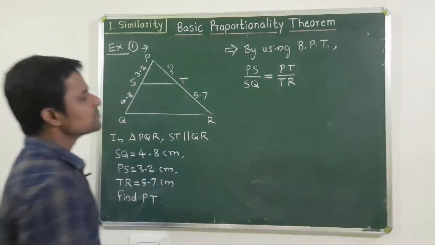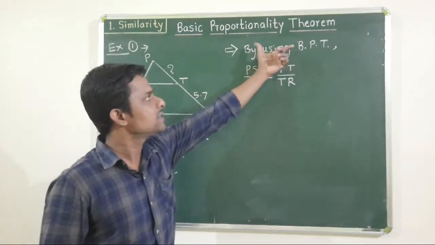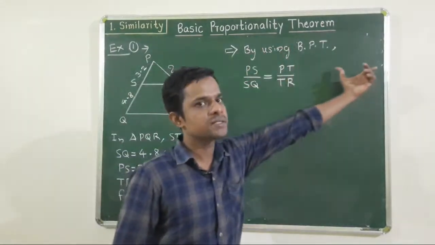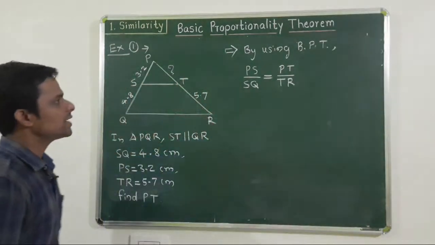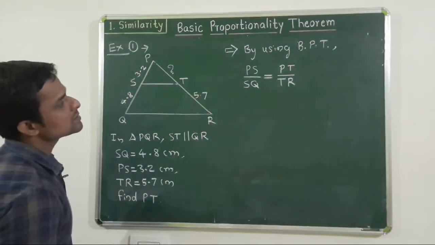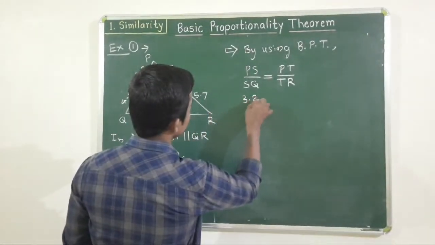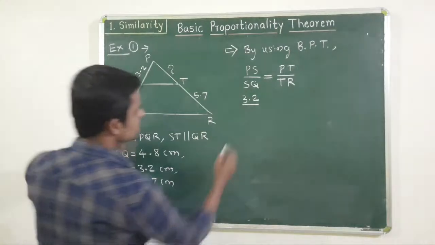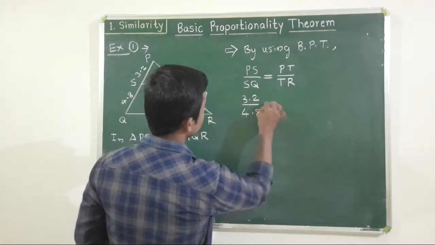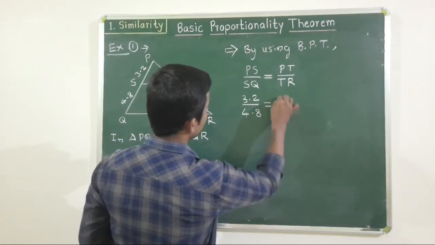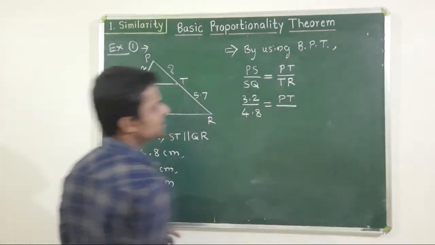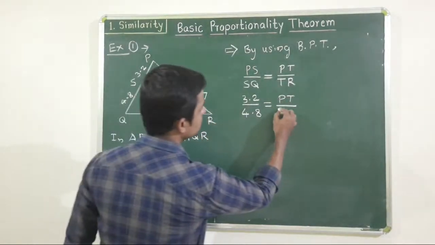Very simple. We have written the reason here, therefore no need to write the reason again. Simply put values of these segments. PS is given, that is 3.2, upon SQ, given as 4.8, is equal to PT, which we have to find, upon TR, given as 5.7.